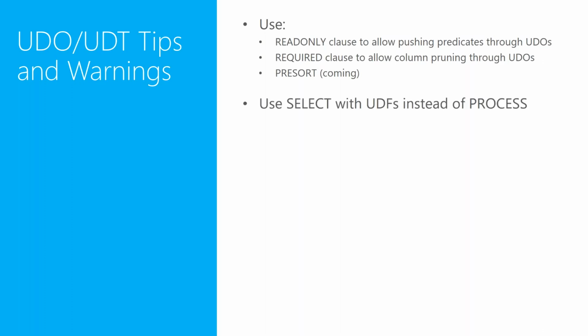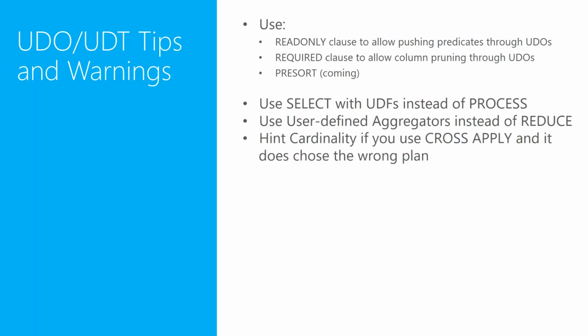Now, in most cases, you don't need to write UDOs. It's okay, and often more performant, to use SELECTs with UDFs instead of processors. It's normally better to use user-defined aggregators instead of reducers. It's normally better to use CROSS APPLY and hint cardinalities if it chooses the wrong plans than to use a processor or a reducer.